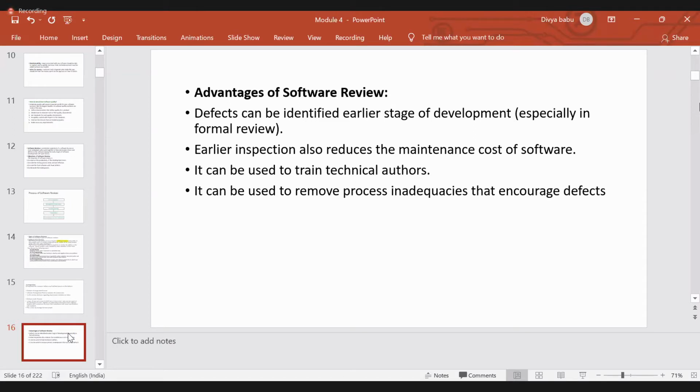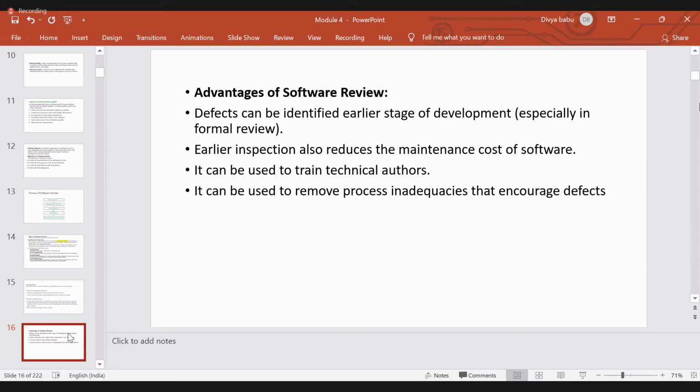So what is the advantage? Why are we going for this software review? Defects can be identified in an early stage. If you identify the defect early, we can remove it early, right? Suppose you find the same error in a later stage, then you need to take more effort, time, budget, everything, to debug that, to correct that, to remove that.